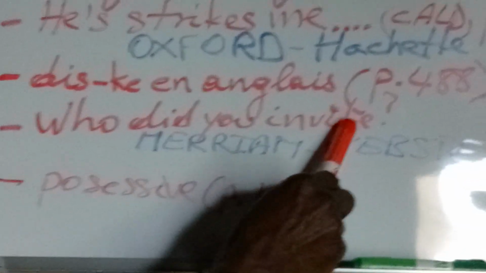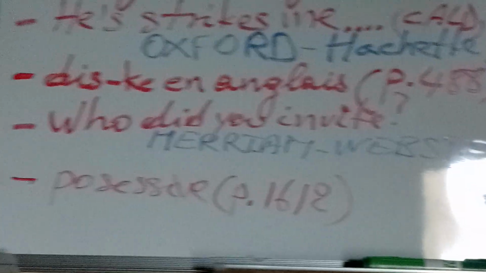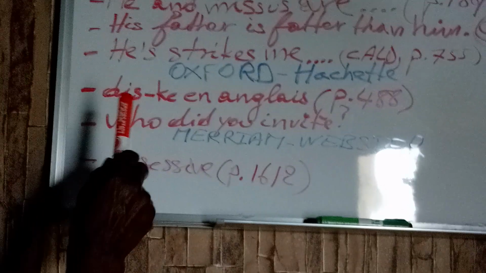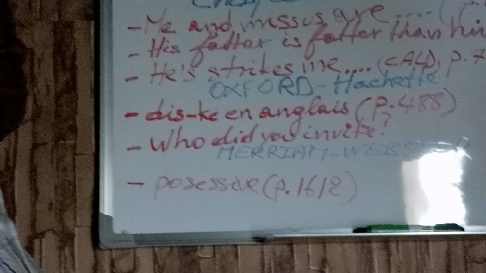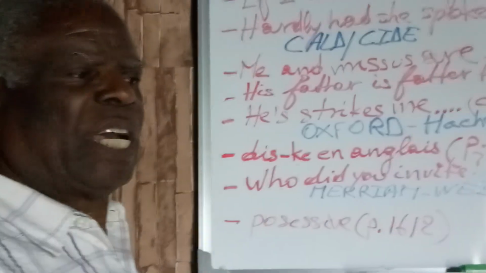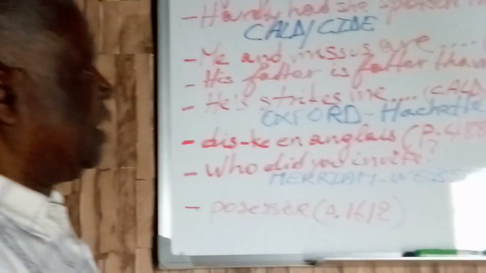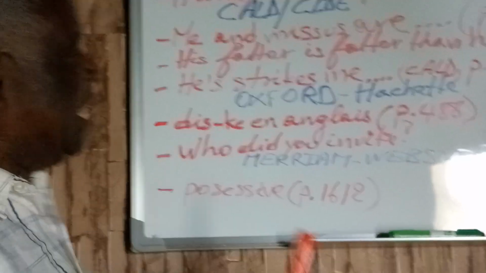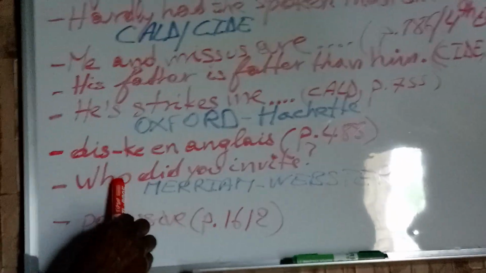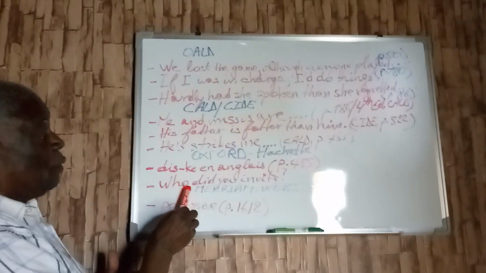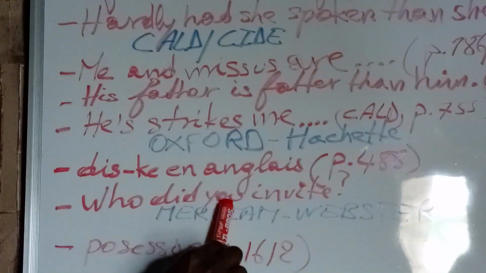We come to this one. "Who did you invite?" Wrong question. Who is always a subject pronoun, a relative pronoun. It shouldn't stand, a WH pronoun shouldn't stand in front of a verb. It is an object, because the subject here is you, not whom.